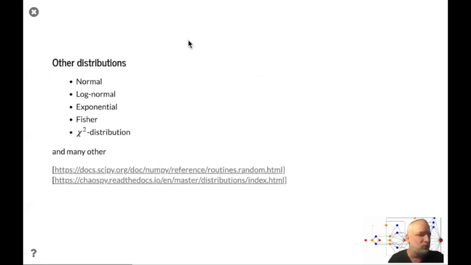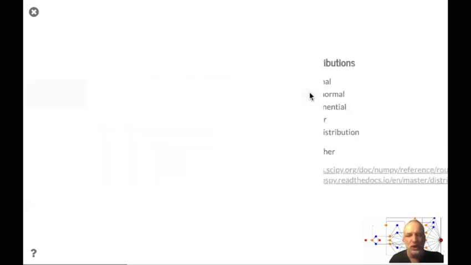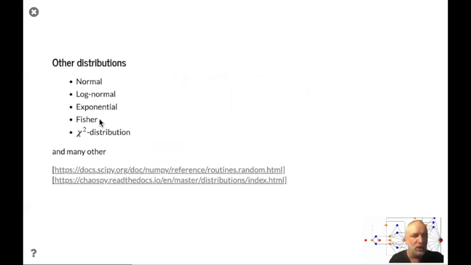Of course, you don't have to work with uniform. You can work with other types of distribution, and then you would just replace here whatever the distribution would be that you're taking random numbers from. It could be a log normal, exponential, the normal distribution, Fisher's, chi-square, Gumbel, or geometric distribution. It doesn't even have to be a continuous distribution.